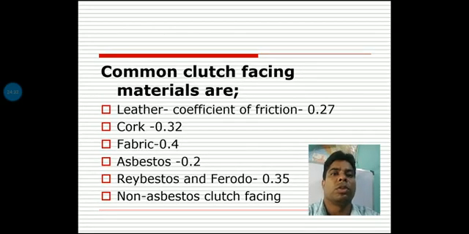Now, next is common clutch facing material. Common clutch facing material means there are a lot of materials that can be used for design of clutches.